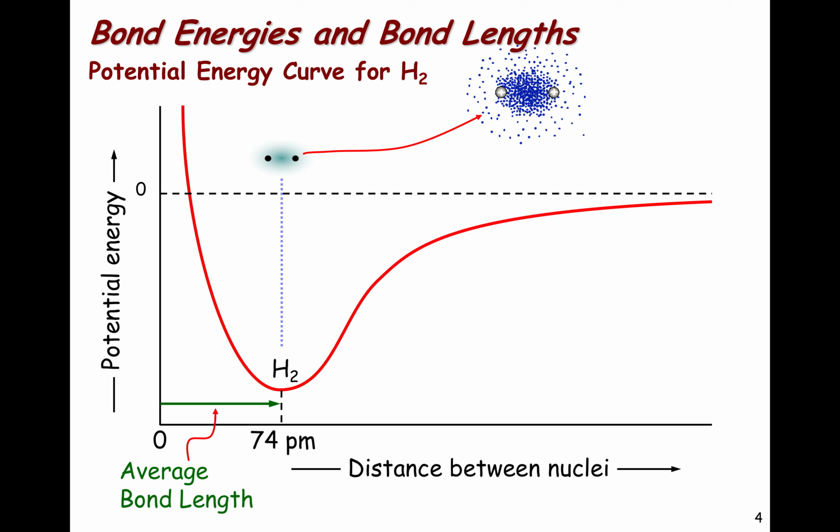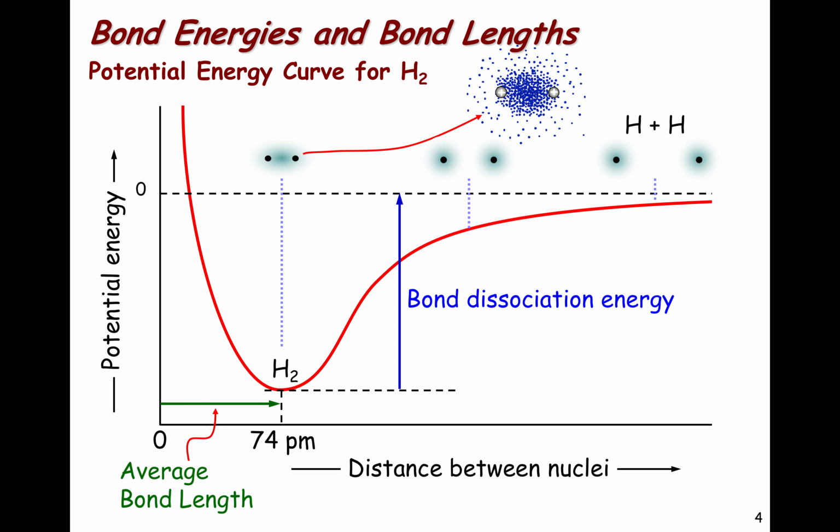This is the average bond length of an H-H bond, and represents the most stable distance. If the distance is greater, the potential energy goes up, and at some point the atoms essentially break apart and we no longer have a bond.